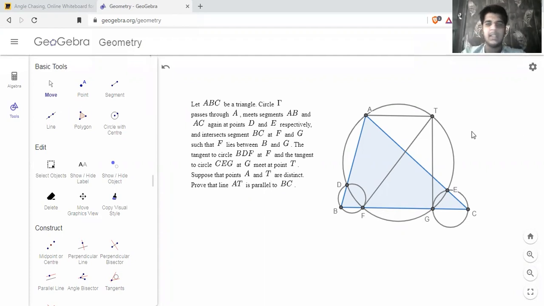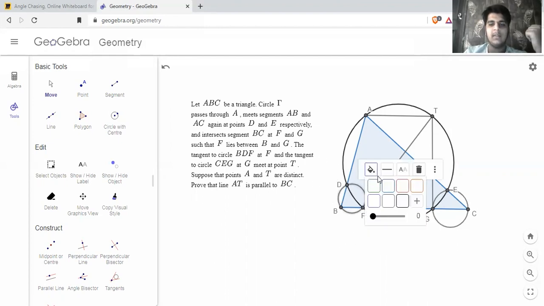So we are given that ABC is a triangle, and there is this circle gamma. I'll draw it in black. It passes through A, intersects segment AB at D, segment AC at E, and intersects segment BC at 2 points F and G, where F is closer to B than G. Then you construct the circumcircle BDF, let's draw it in green, and CEG, also in green.